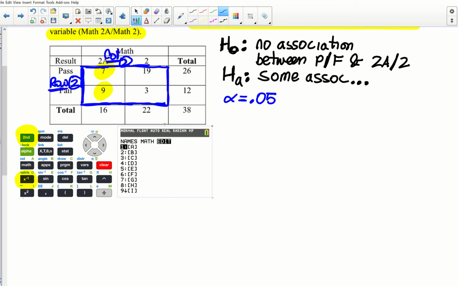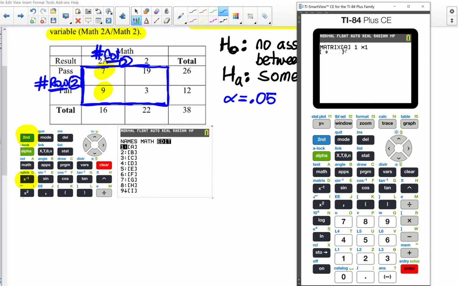So number of rows is 2. I'll just write a number symbol in front. Number of rows, number of columns. 2 in both cases. Sloppy handwriting, but hopefully it gets the idea across.